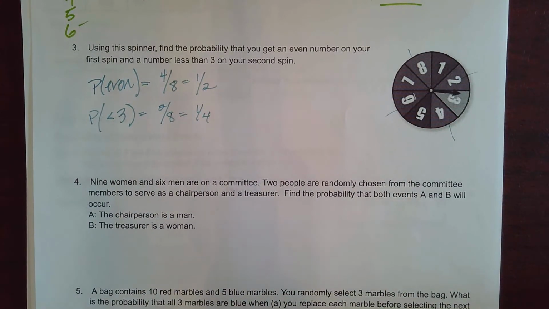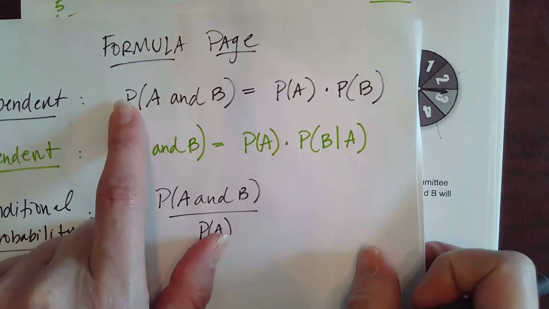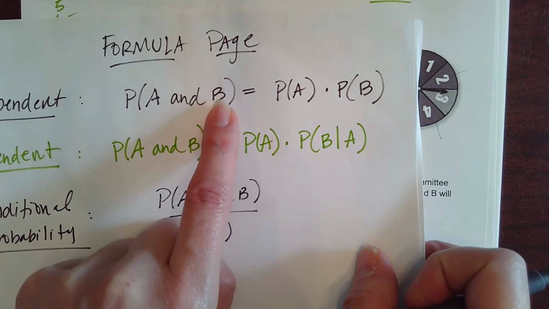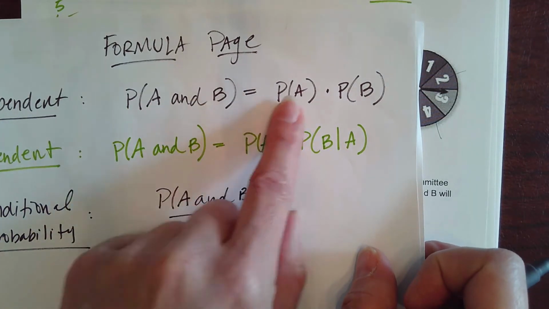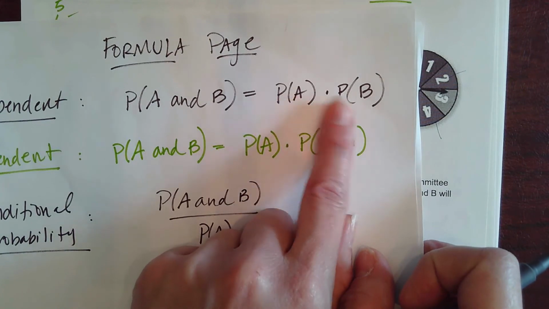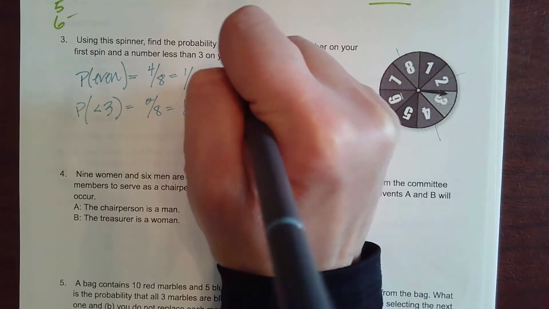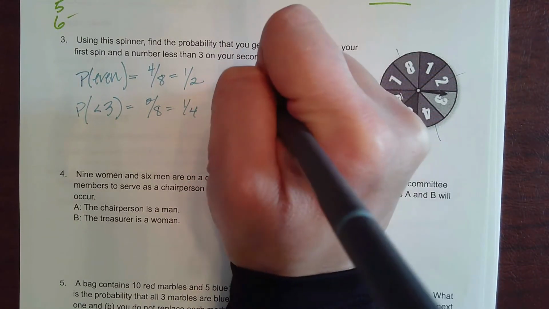So if I want the probability of both of those things happening, this is an independent event, so I'm going to use this formula. The probability of getting an even number and a number less than 3 on 2 different spins is the probability of each event happening separately, multiplied together.